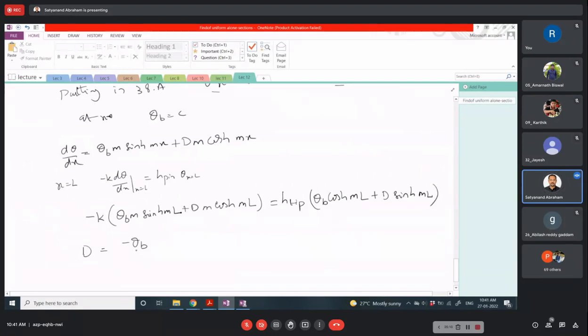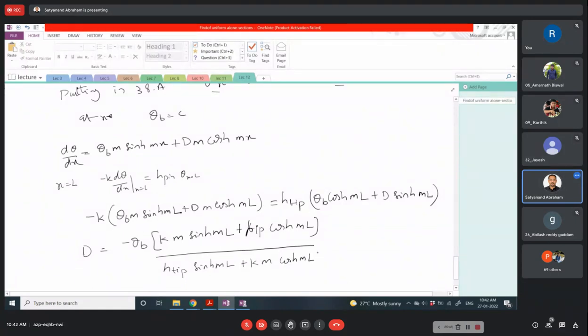I'm just saying d is equal to minus theta b into km sin h ml plus h tip into cos h ml, divided by h tip sin h ml plus km cos h ml. That is what we get for d.